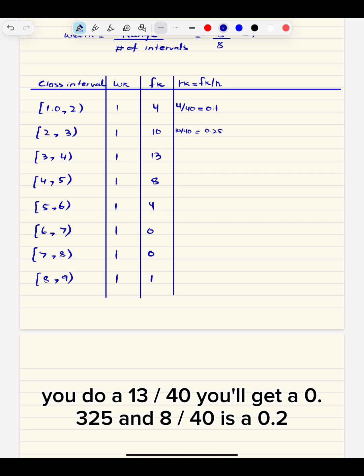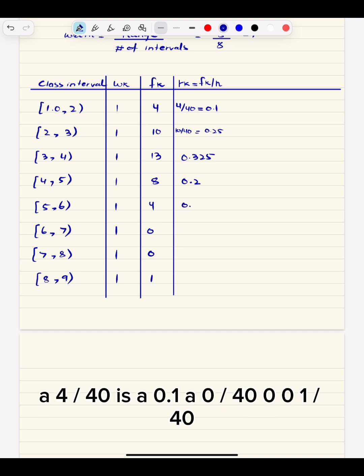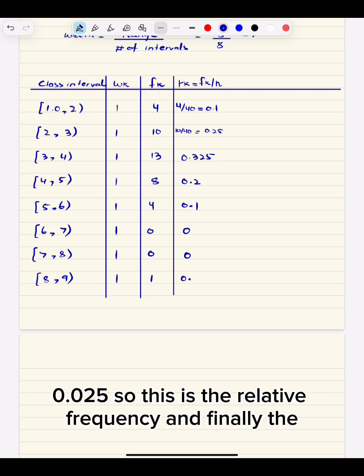You do 13 divided by 40, you'll get a 0.325, and 8 divided by 40 is a 0.2, 4 divided by 40 is a 0.1, 0 divided by 40 is 0, 1 divided by 40 is 0.025. So this is the relative frequency.